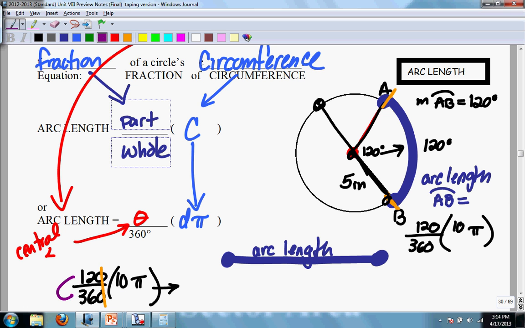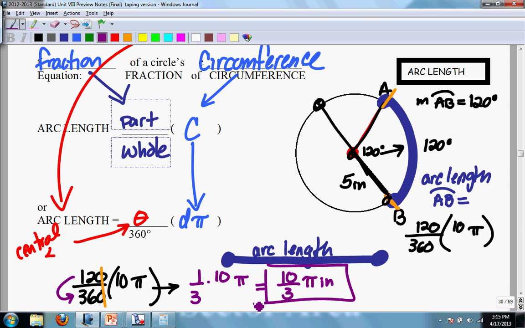We know 12 goes into 36 three times, so I have 1/3 here, and here's 10 pi. So my actual length, you can write it like this: 10 over 3 pi inches.